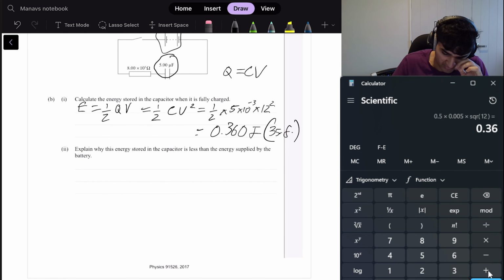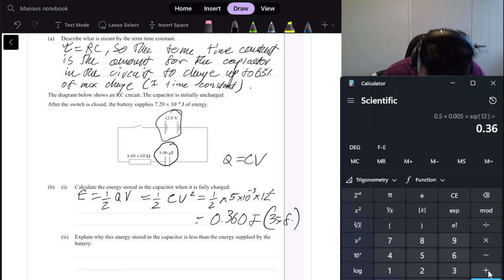Explain why the energy stored in the capacitor is less than the energy supplied by the battery. I don't think it's negative 3, I think it'd be negative 6.